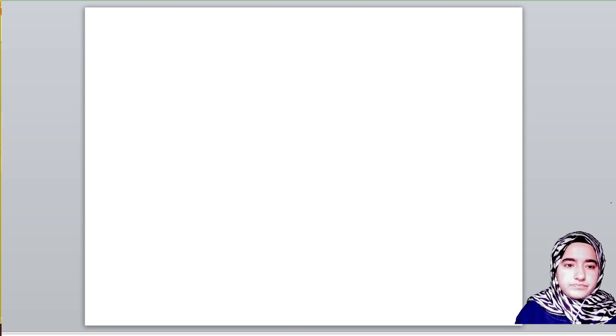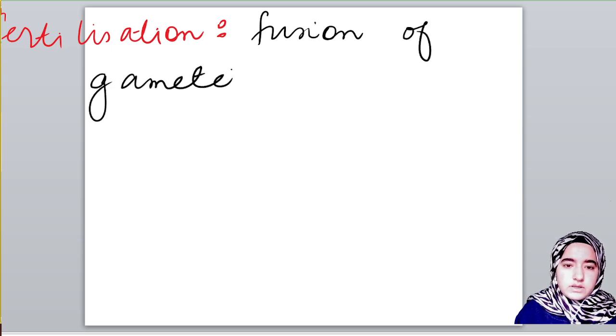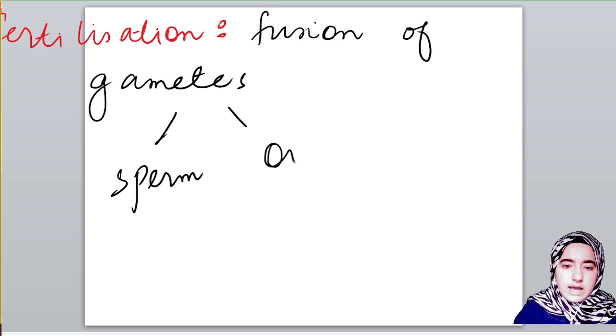Fertilization simply means fusion of gametes, that is sperm and ovum.